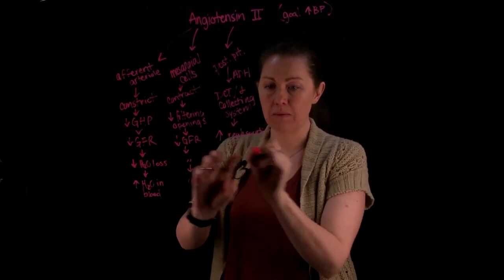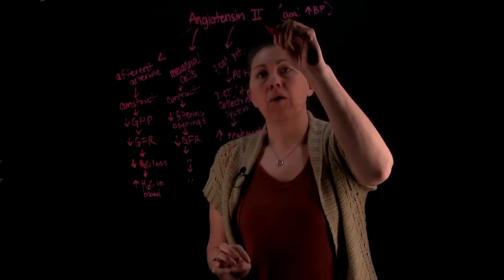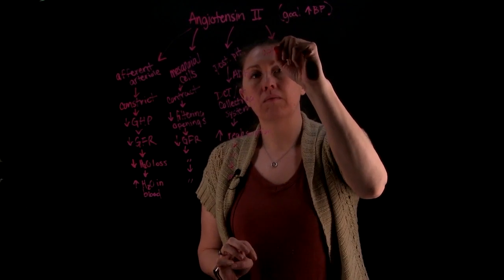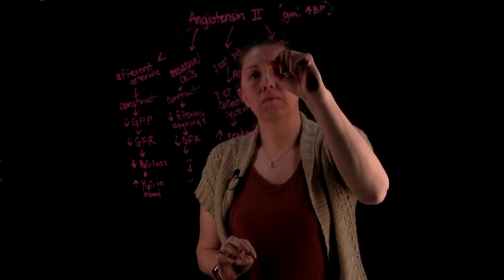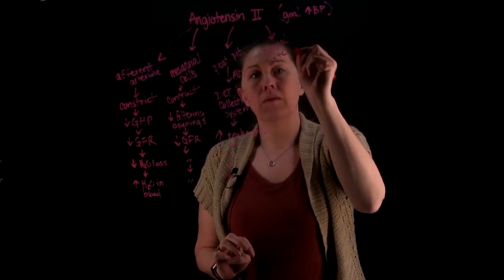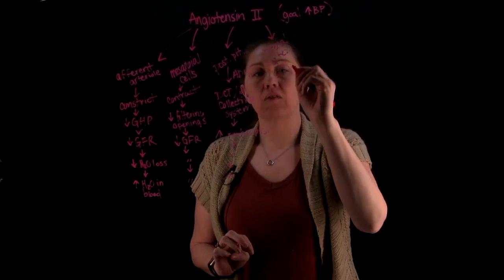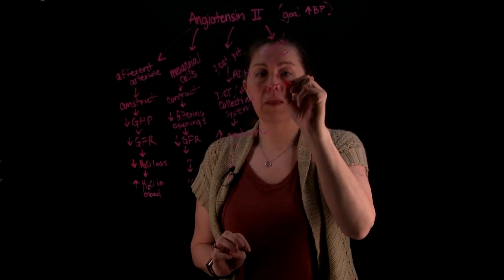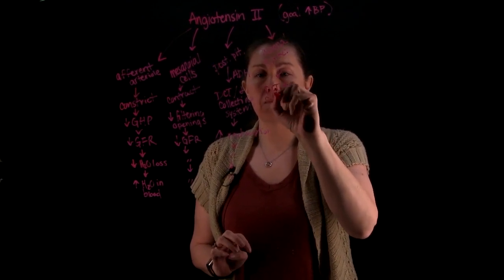So we're getting that these are the same so far. Now we're also going to talk to the adrenal cortex. Adrenal cortex is going to release something that also affects the DCT and collecting system.